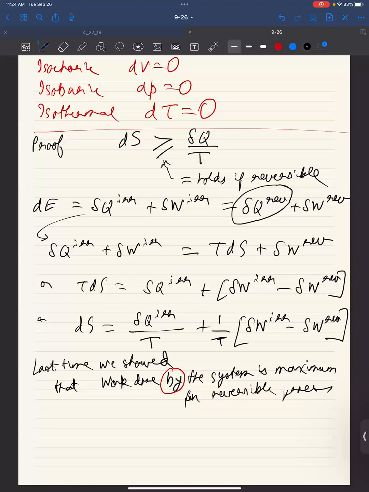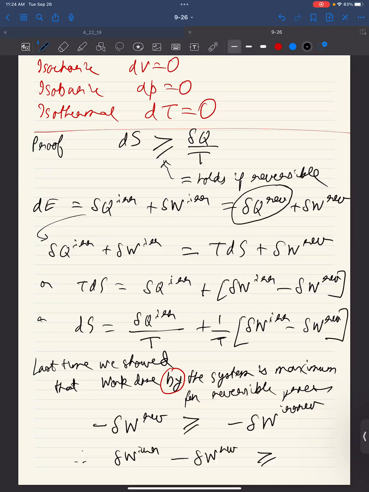So in our lingo, this means that minus delta W reversible is more than or equal to minus delta W irreversible. I will prove this again on the next page using that PV diagram. But for now, if you go by what I have written over here, this means that delta W irreversible minus delta W reversible is more than or equal to 0.